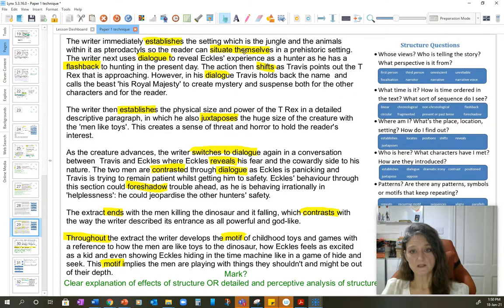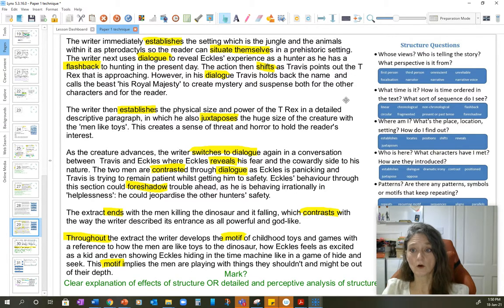Well, it starts off, this first paragraph, really clear. Establishes the setting, and it talks about the pterodactyls, and it says it's prehistoric. We talk about Eccles' flashback, and we talk about the shift, and we've got the dialogue here, and the withholding of information.